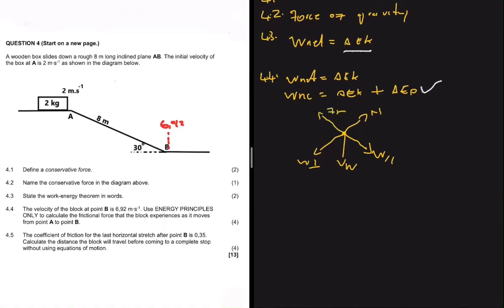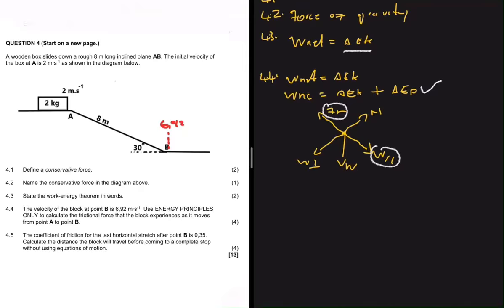If you look at the forces acting parallel to the surface, we have the frictional force and weight parallel. But we know that the force of gravity is conservative. So if I'm using the second equation, which says work done by non-conservative forces, then the only force I will consider is friction.